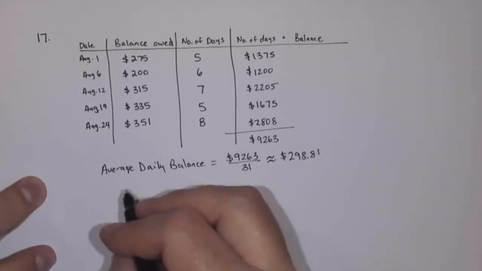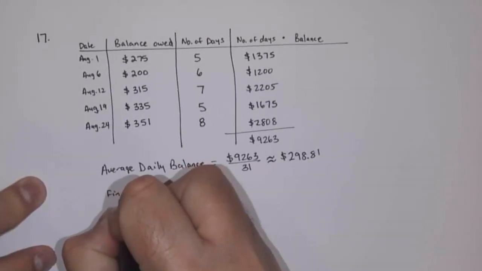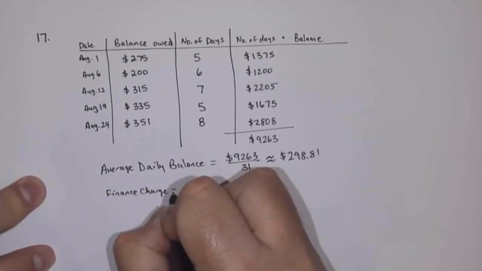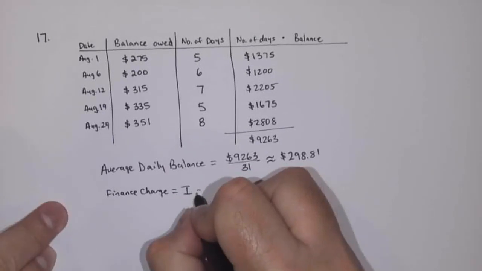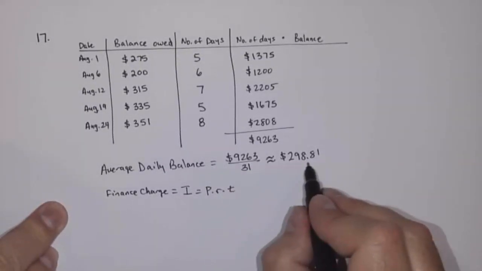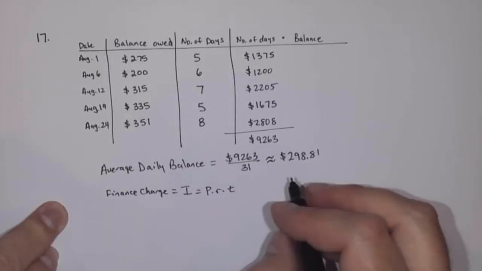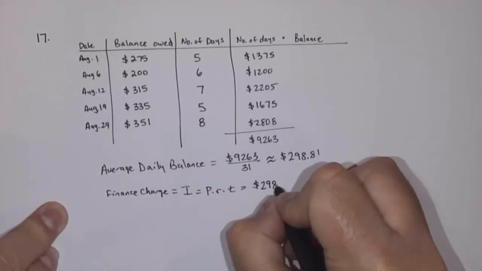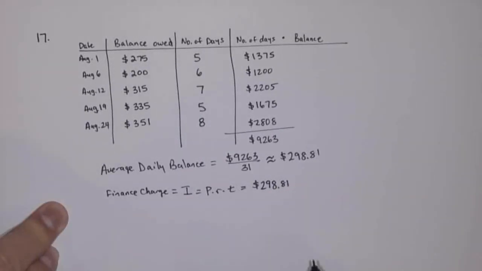So our finance charge, which technically is the interest, is going to equal the principal times the rate times the time, where the principal is that average daily balance. So that's going to equal the $298.81 times the interest rate.